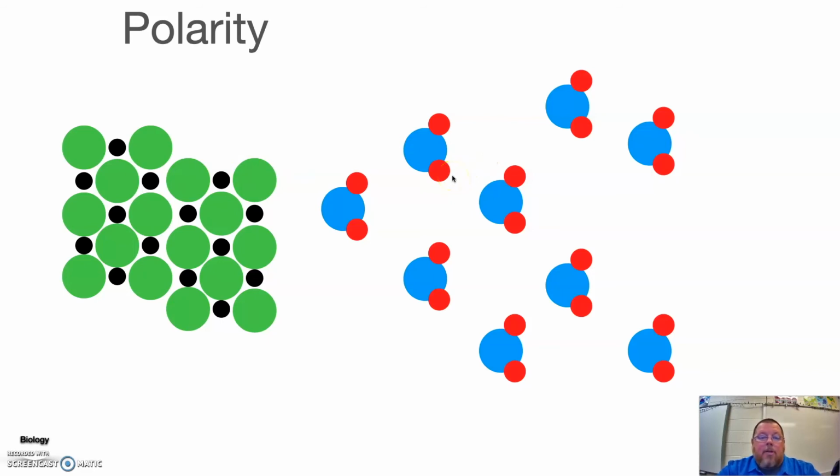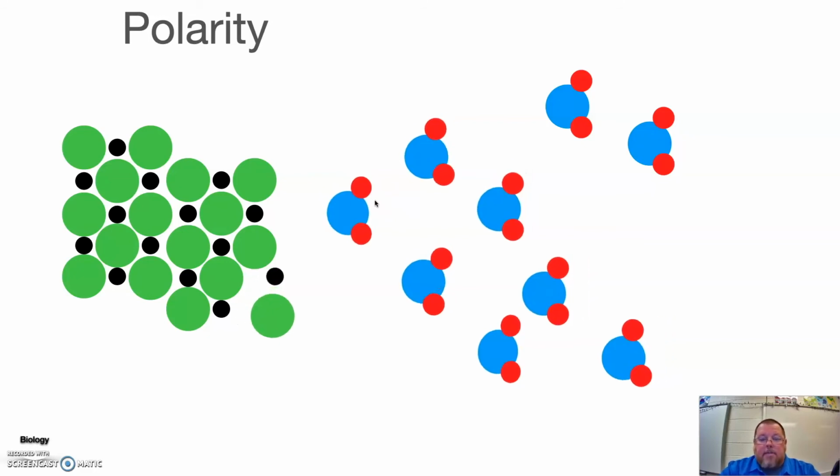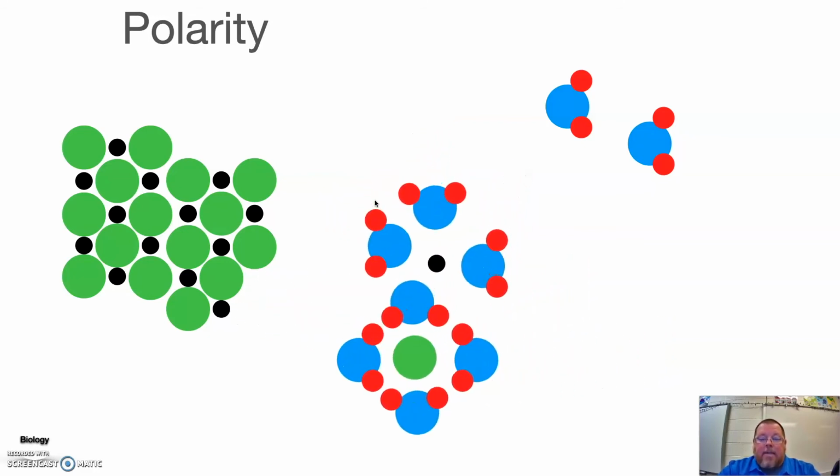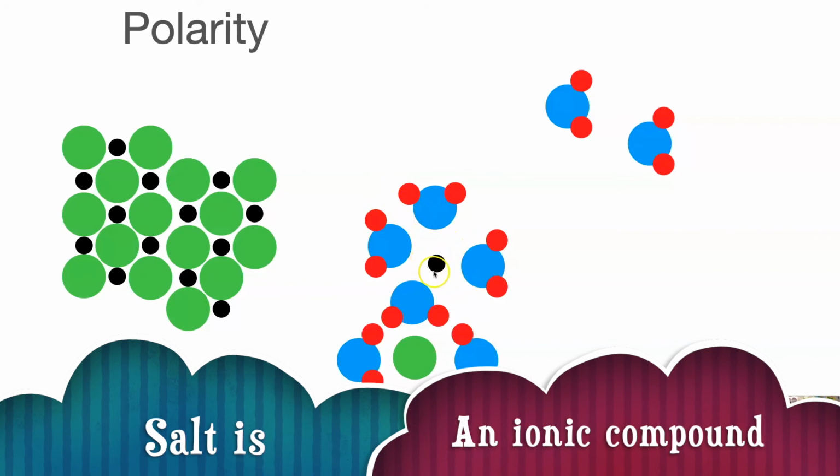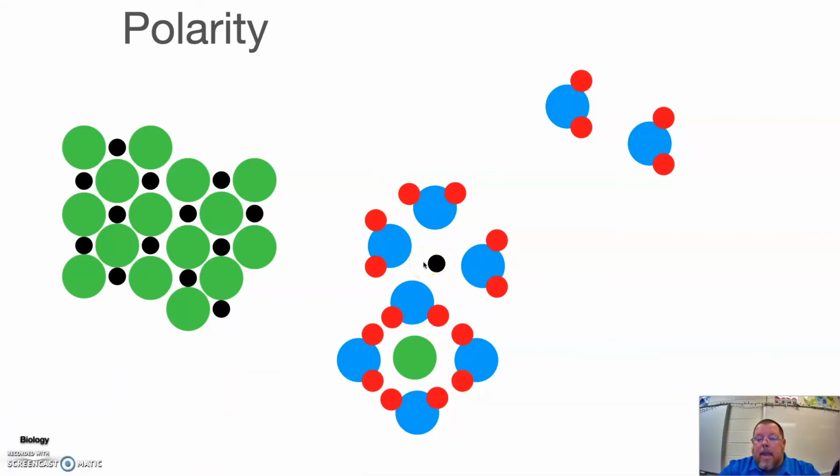Remember, these water molecules are charged. So you've got the negative end on the oxygen, and then you're going to have a positive end on the hydrogen. And what it's going to do is actually dissolve this polar substance because it's going to be attracted to the opposite charges. So in this case, we've got our negative oxygens here that are surrounding sodium, and sodium is going to have a positive charge.